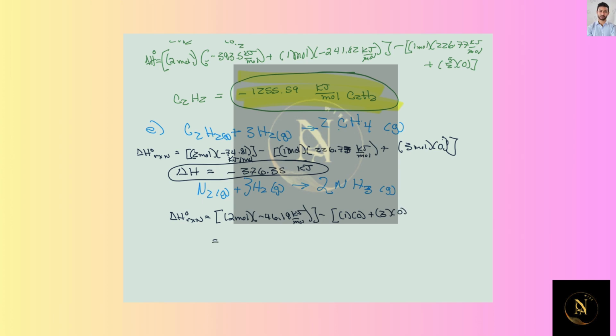That will equal negative 92.38 kilojoules per mole. This is per mole of N2, and this is per mole of C2H2. And we're done.